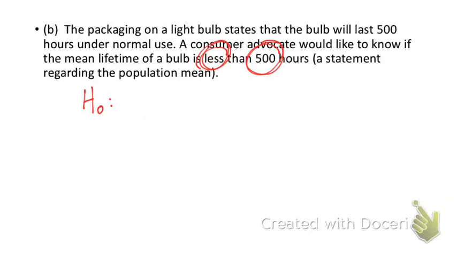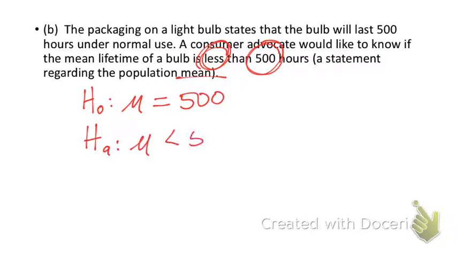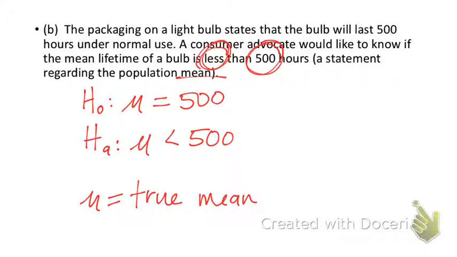Not P. Mu, because it's mean. Mu equals 500. Alternative, mu is less than 500. Mu represents the true mean lifetime of a bulb.